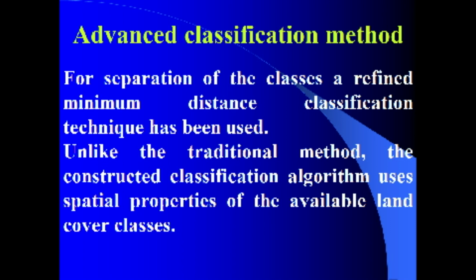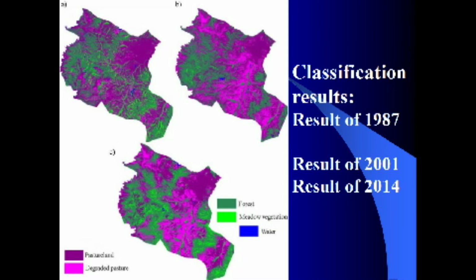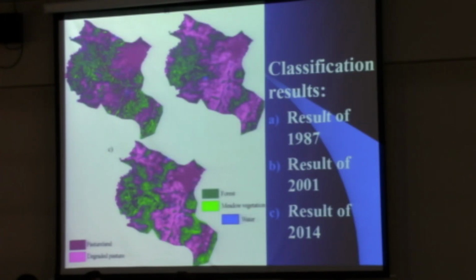As the advanced classification method, we used refined minimum distance classification, and unlike the traditional technique, the constructed classification algorithm uses spatial properties of the available land cover classes. Here you can see the results of the classification from the refined minimum distance classification.